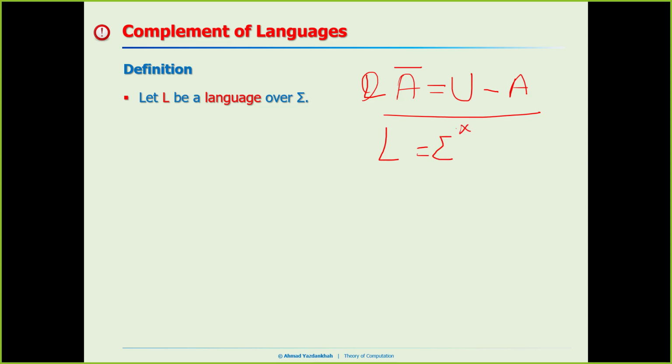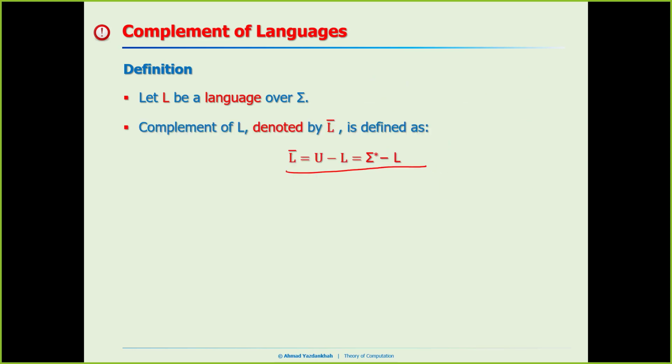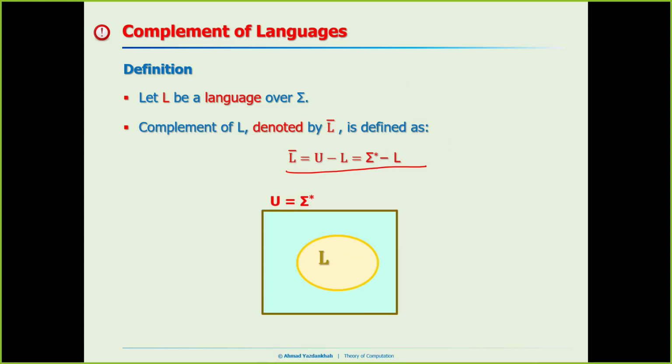It is sigma star. So L bar will be sigma star minus L. This is the definition, and this is the Venn diagram. If this is sigma star, and this is L, then the rest will be L bar.